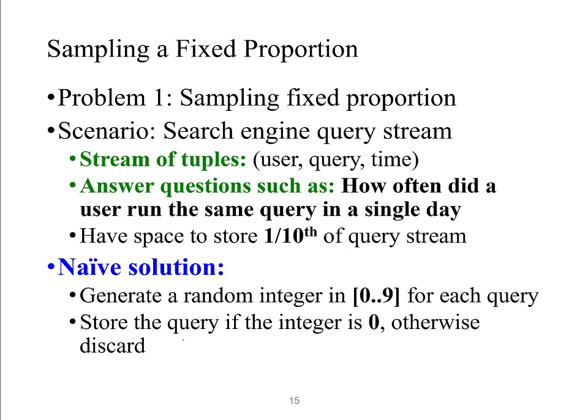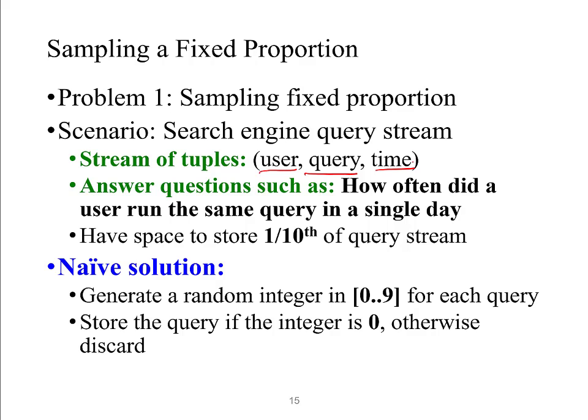Now let's start from sampling a fixed portion, which seems to be easier. The scenario has some assumptions. Say we have a stream of tuples: a user, a query, and a time.